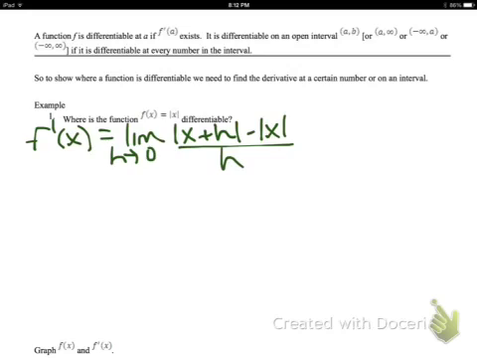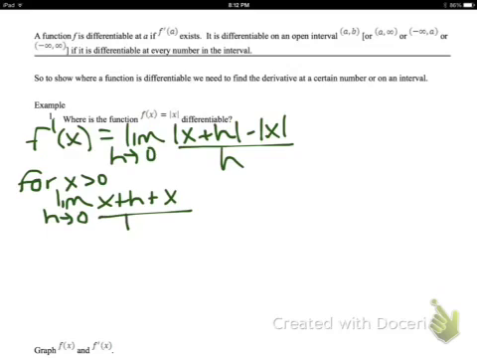We'd split it up at 0, because that's where this changes definition. So I'd say for x greater than 0, what would this actually become? This would be the limit as h goes to 0 of the absolute value of x plus h minus the absolute value of x, all over h. Okay, it would just be itself: x plus h inside the absolute value, and x.